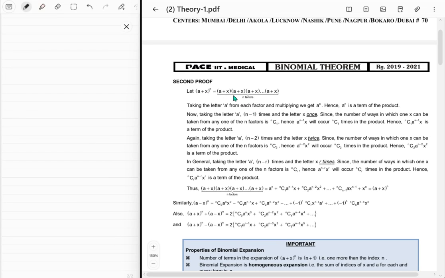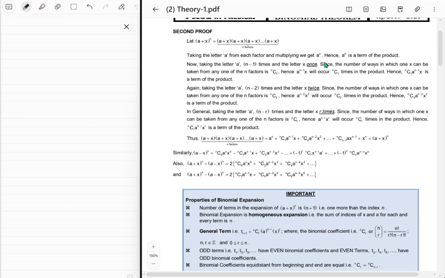Okay, second proof. That's the kind of proof that I like. This is the proof that I was talking about at the first page, this whole thing.